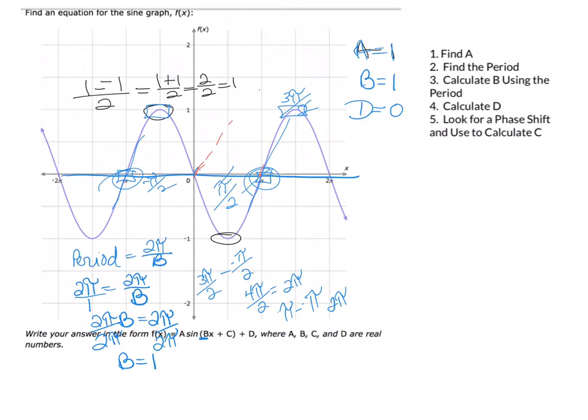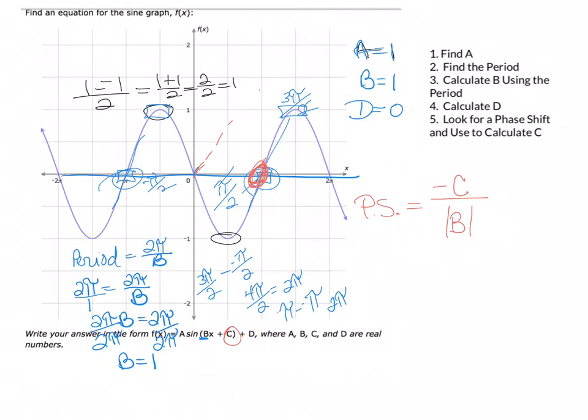We could say that it starts right here at pi. So we actually have a phase shift starting over here at pi. So remember, earlier we learned that the formula for phase shift is equal to negative c over the absolute value of b. So that really handy formula is going to help us find our last remaining value in our equation, c.